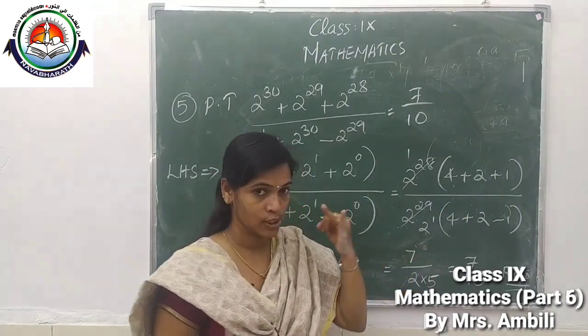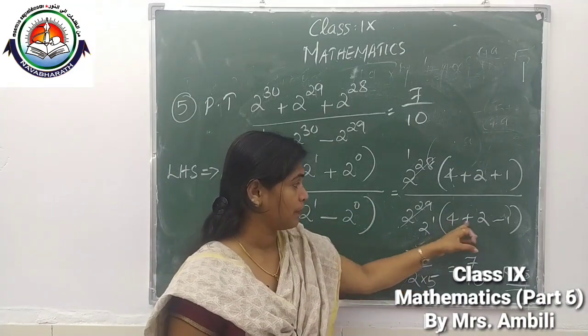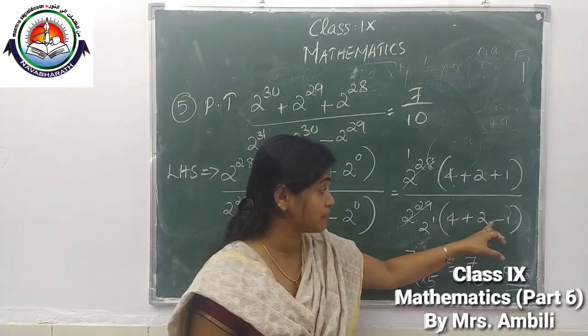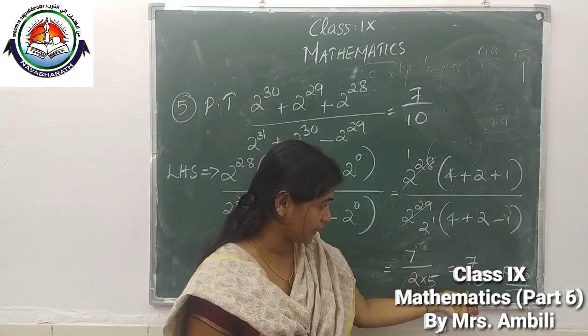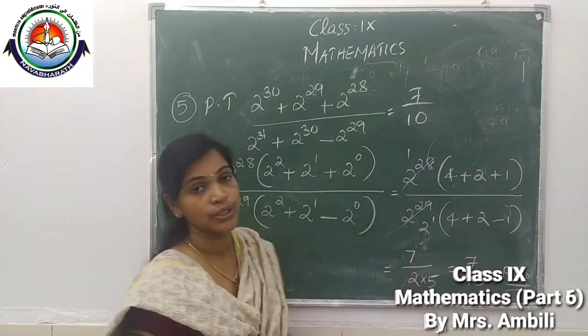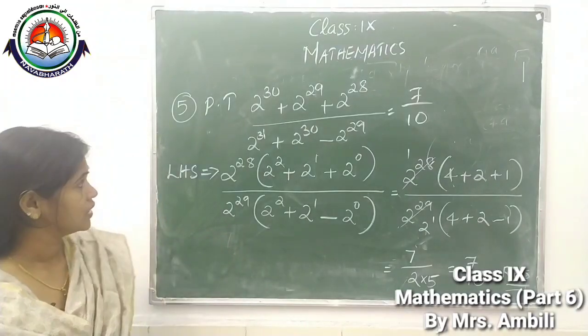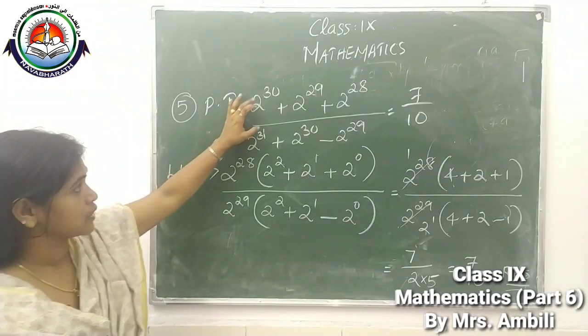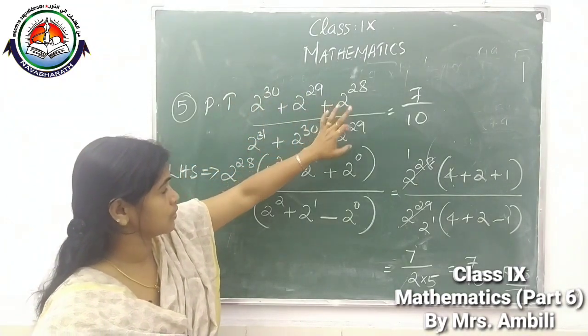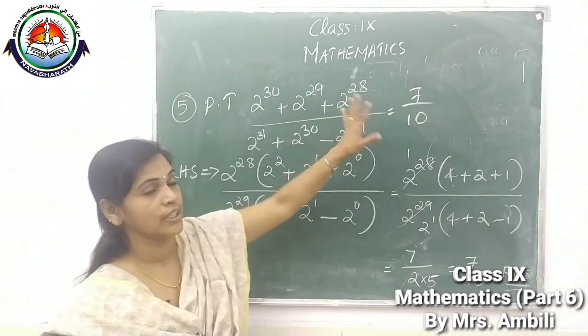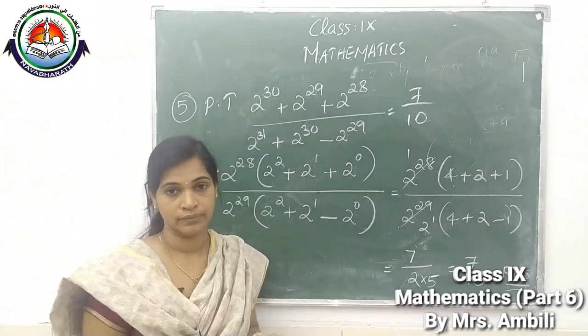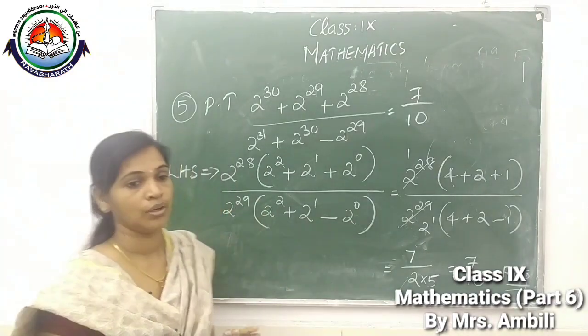Then 2^1 is 2 into 4 plus 2, 6, 6 minus 1, 5. That is 2 into 5. That is 7 by 10. That is equal to RHS. We need to prove. Clear? So we proved (2^30 + 2^29 + 2^28) by (2^31 + 2^30 - 2^29) equal to 7 by 10. Clear? Okay.